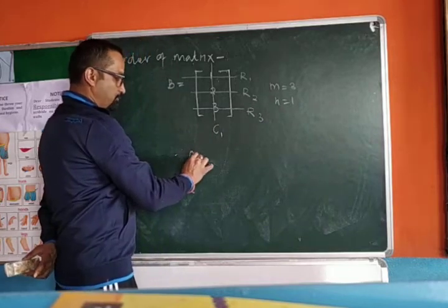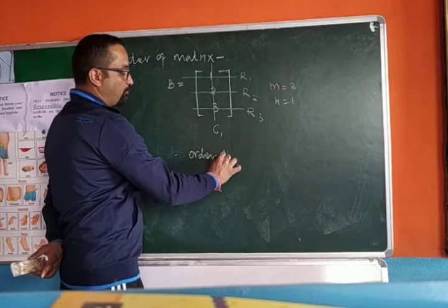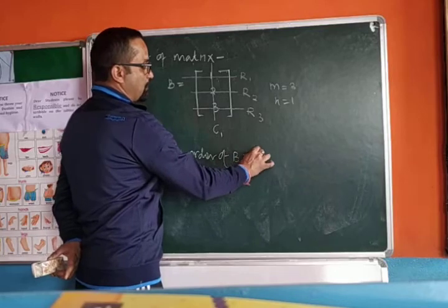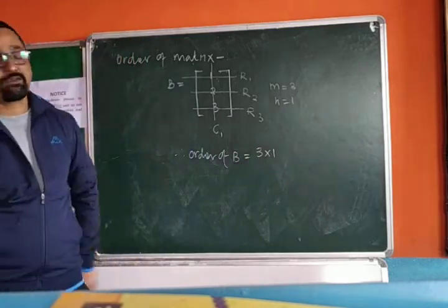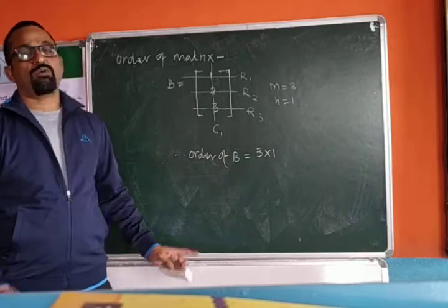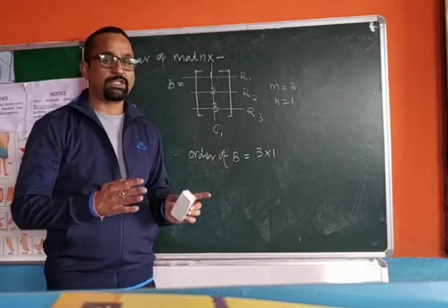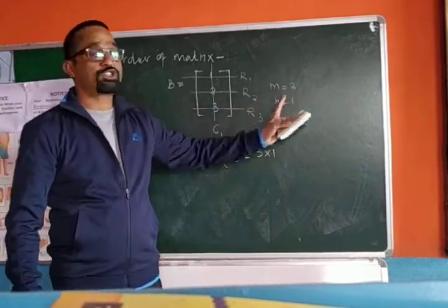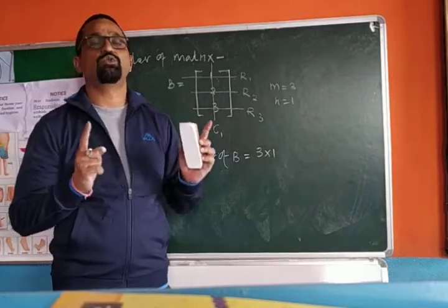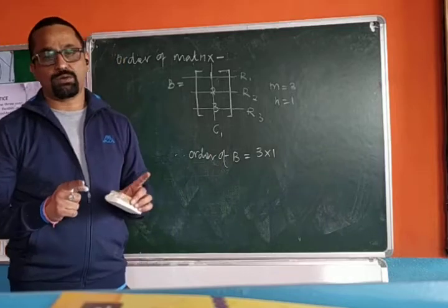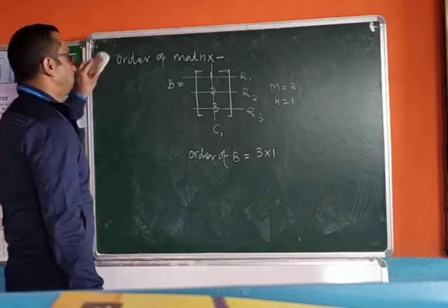Therefore, the order of B is 3 cross 1. So please do remember, the order of a matrix is calculated by m cross n, m by n. M stands for number of rows, n stands for number of columns.